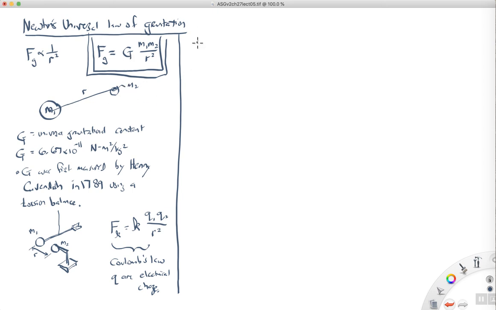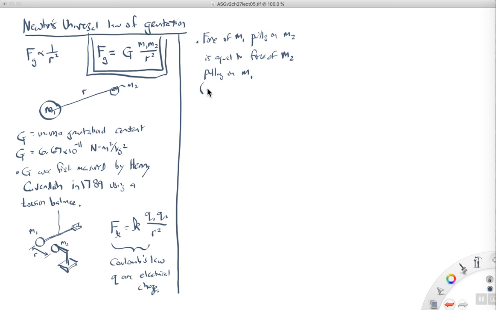The force of mass 1 pulling on mass 2 using gravity is equal to the force of mass 2 pulling on mass 1, because the product of those masses appears in this formula.